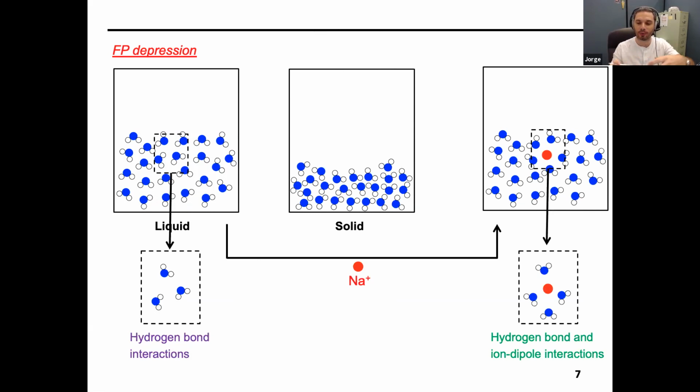This interaction will hold the water molecules in place and it will become harder to solidify. Therefore, we have to go colder to freeze water with salt, and that causes the freezing point depression.